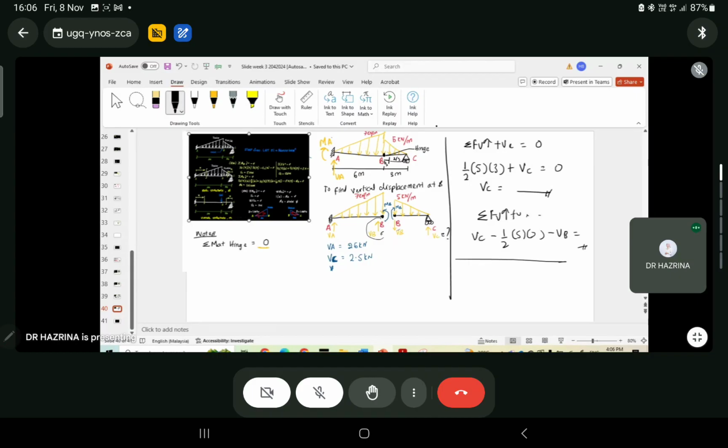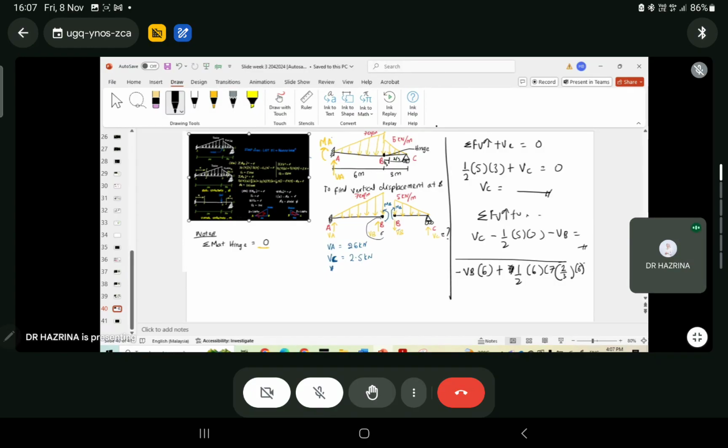Okay, you akan dapat your VB, okay, VB ke atas darab dengan 6, okay, negatif, VB darab dengan 6, campur, you ada setengah kali 6 kali 7 darab dengan, you ada 2/3 daripada 6, okay, 2/3/6.